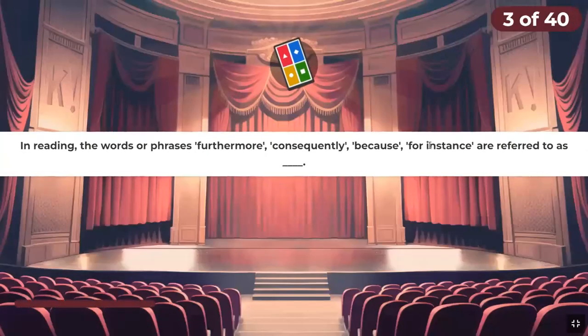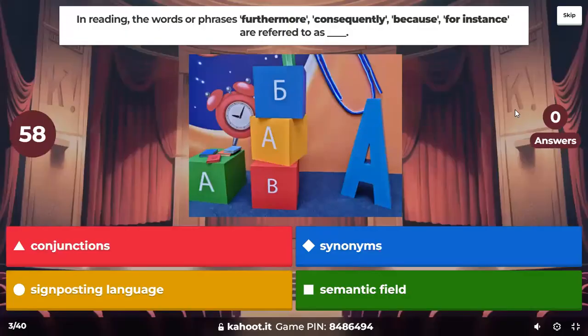Okay, so I think you have 5 questions. So in reading, the words or phrases furthermore, consequently, because, for instance, they are referred to as what?